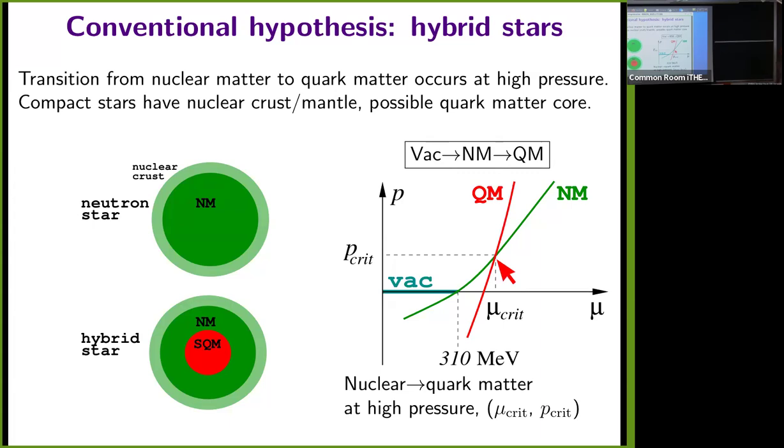So when you switch over from neutral nuclear matter to neutral quark matter, that may also require a jump in the electrostatic potential. The presence of this additional conserved quantity, the electric charge, with an associated electrostatic potential, opens up the possibility of what's called a mixed phase or a Gibbs construction. So let's see how that arises.